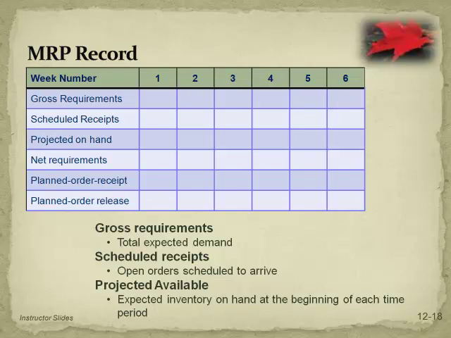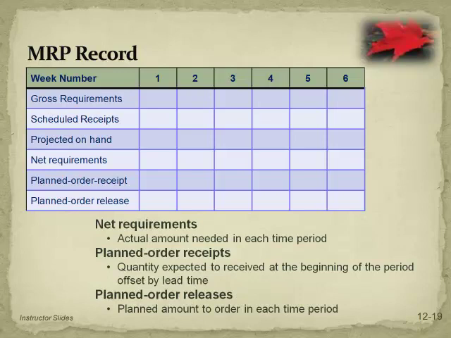So MRP is going to be calculating this projected available inventory until it becomes a negative number at some point in the future. When it becomes a negative number, that indicates we're going to run out of inventory, and we're going to need to do something about that. We need to make sure that inventory arrives on that date so that we do not run out of inventory.